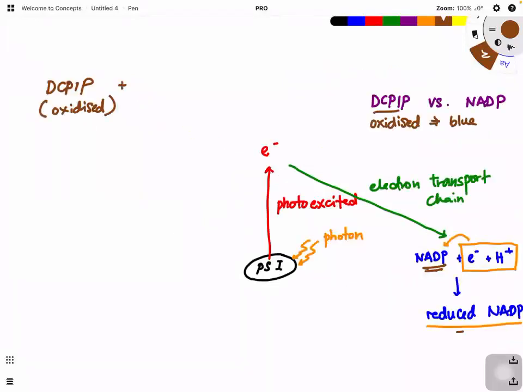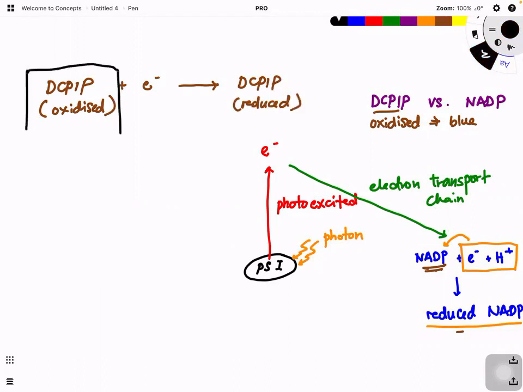When DCPIP receives the electrons, it is reduced. So it becomes DCPIP in reduced form. The DCPIP in the oxidized form, as I said, is blue or purple, and when reduced to the DCPIP reduced form, it becomes colorless.